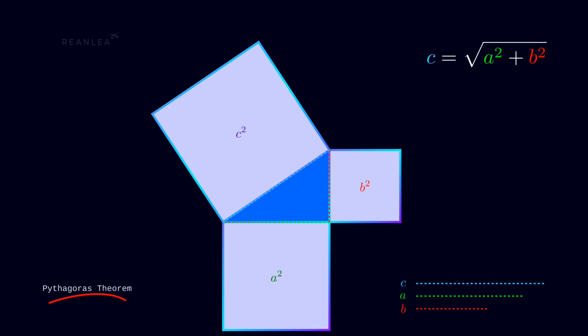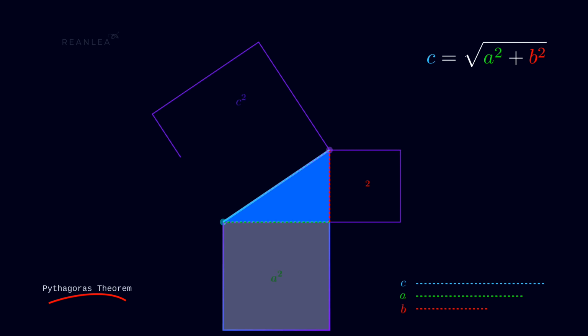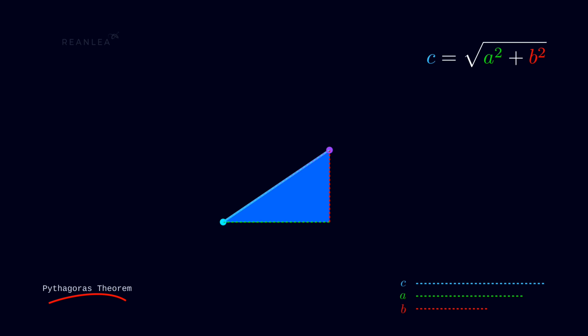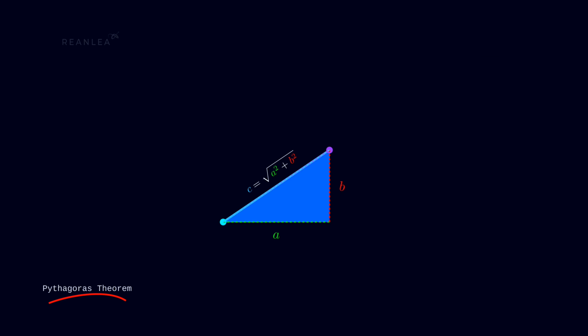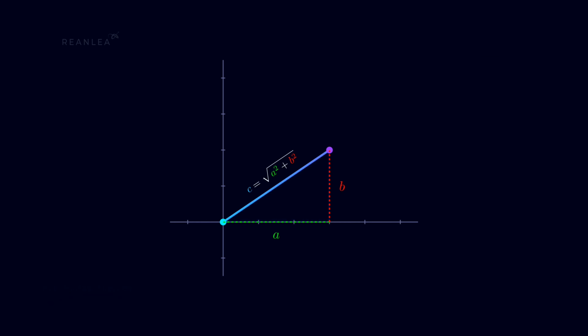That's how, if we have a right-angled triangle having sides of length A, B and C, where the line having length C represents the hypotenuse, then C is equal to square root of A square plus B square, which is in fact the distance between the origin and the point P having coordinates (A, B) in 2-dimensional space R2.